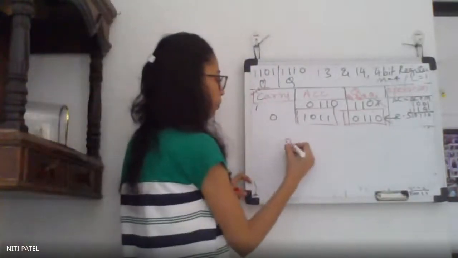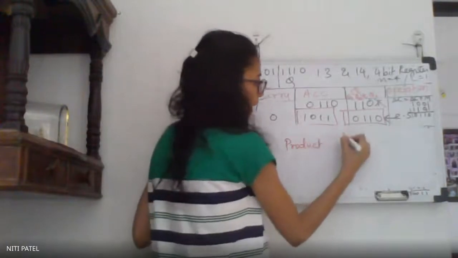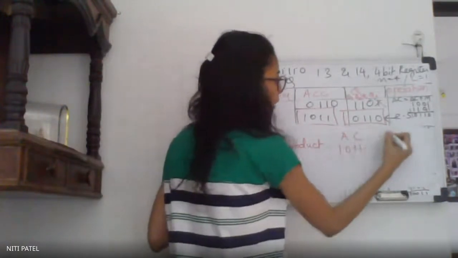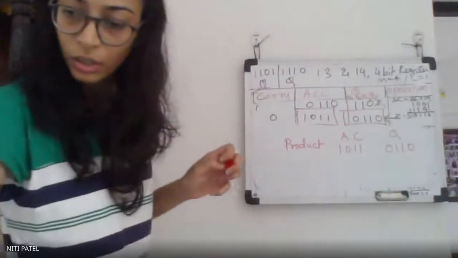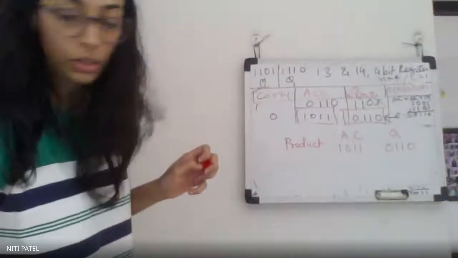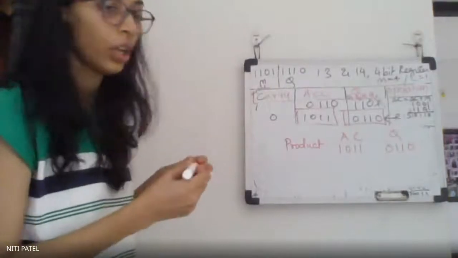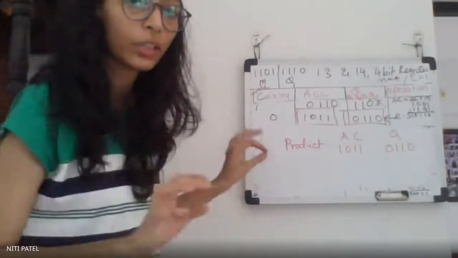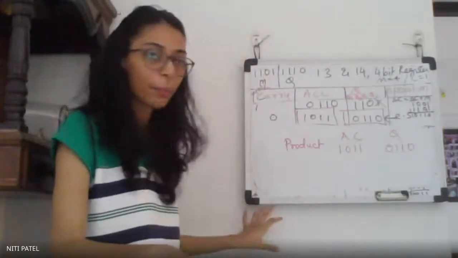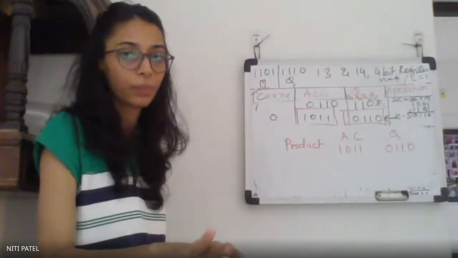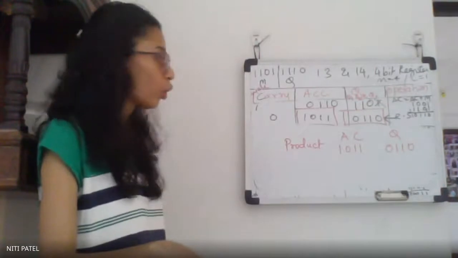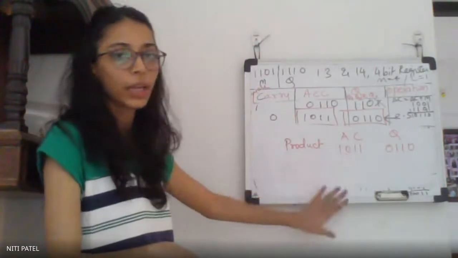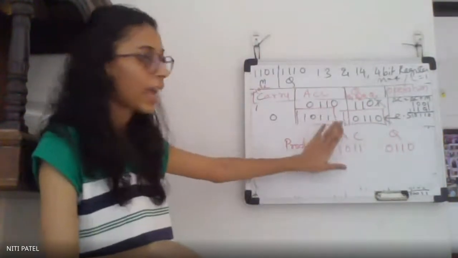You will write product: AC as 1011 and Q as 0110. 10110110, correct. So this is how you will complete your sum. If you have done every step up till here, you get full marks. Is this clear? You do not have to convert this number into decimal again. You have to keep the result as it is.